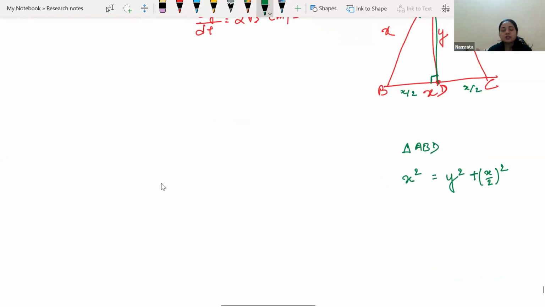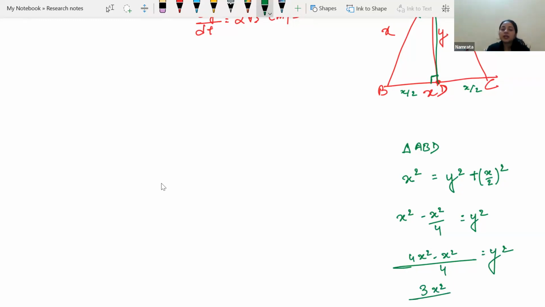If we keep all the x on one side, it will be x square minus x square by 4, that is y square. So 4x square minus x square over 4, that is y square. So that means 3x square by 4 is y square.